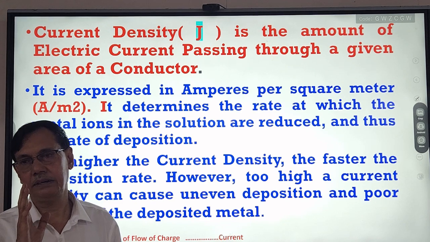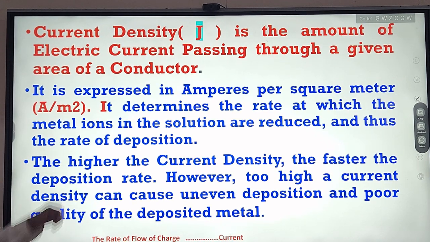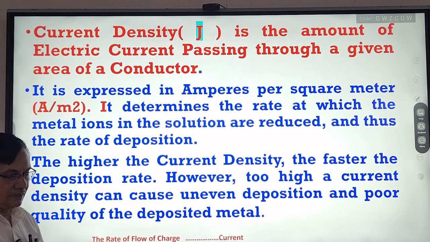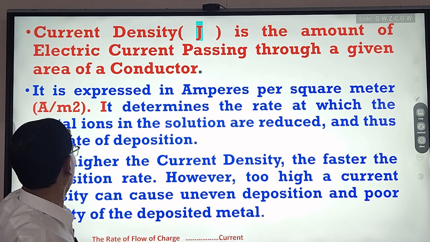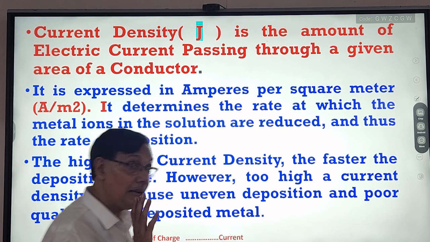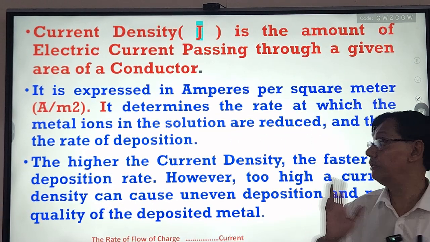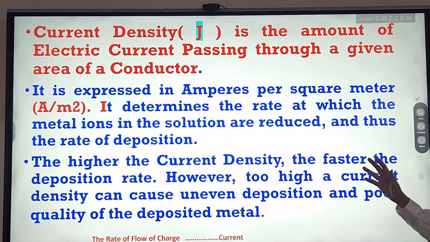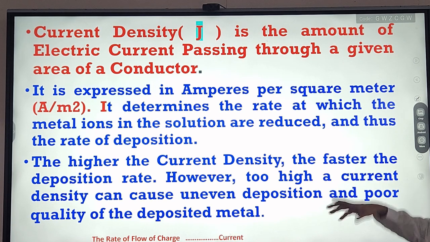So there must be a clear-cut definition: current density is the amount of electric current passing through a given area of conductor. Generally for current we write ampere, but for an electrode the unit of current density is ampere per meter square, and it determines the rate of flow of electrons, which is very, very important. Because a higher current density means a faster deposition rate. So it is very important.